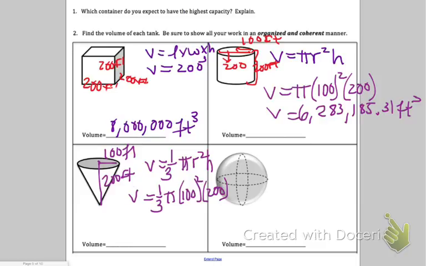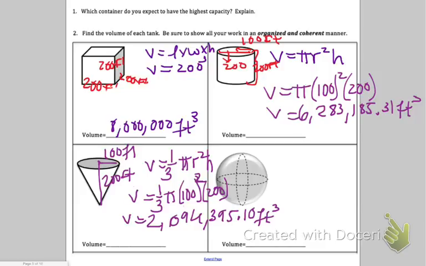Go ahead and substitute this entire expression into the calculator. Or what we could do is substitute everything from pi to 200 and then finally divide our answer by 3, because multiplying by 1/3 is the same as dividing by 3. That's going to give us a volume, rounded to the nearest hundredth, of 2,094,395.10 feet cubed.